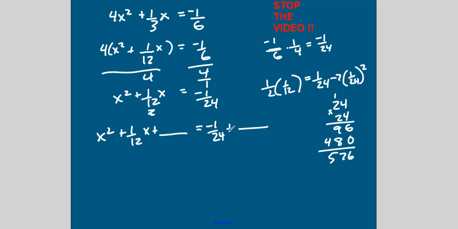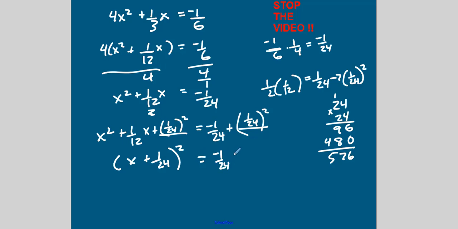In the blanks is going to go 1/24 quantity squared. So this factors as x plus 1/24 quantity squared. On the right side I have negative 1/24 plus 1/24 squared. Well, 24 times 24 is 576.